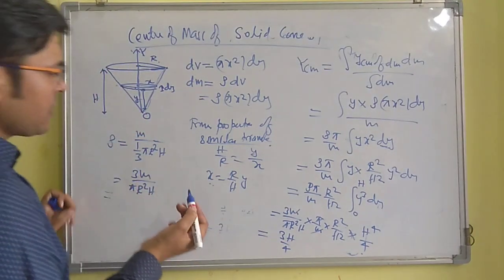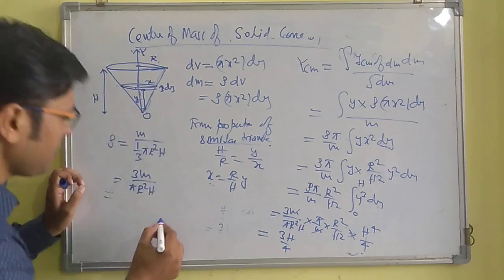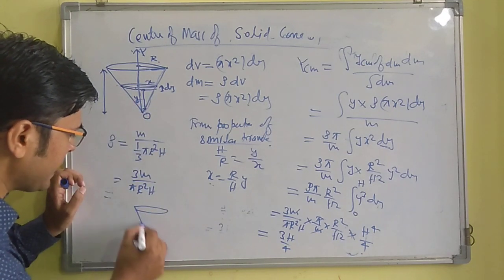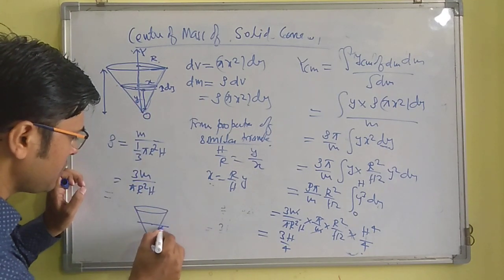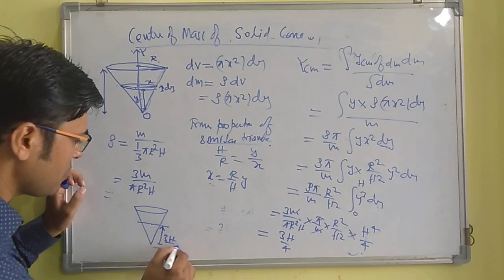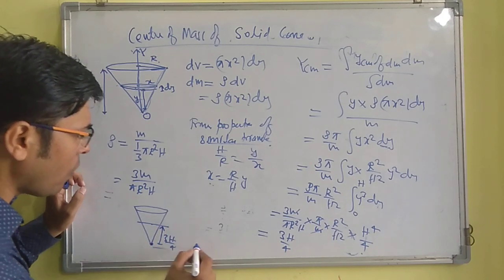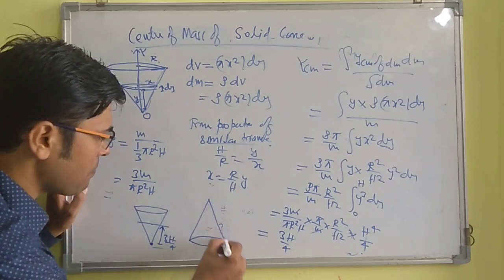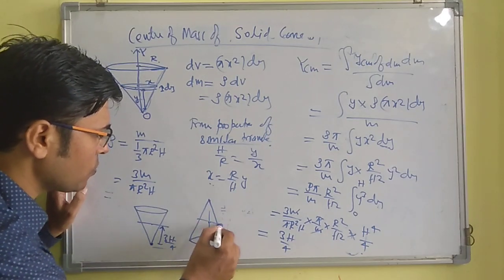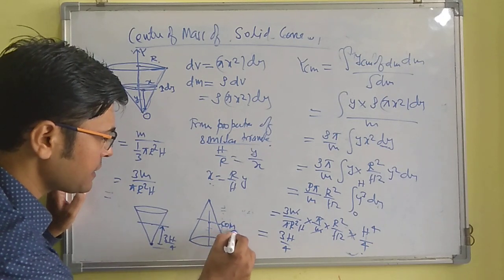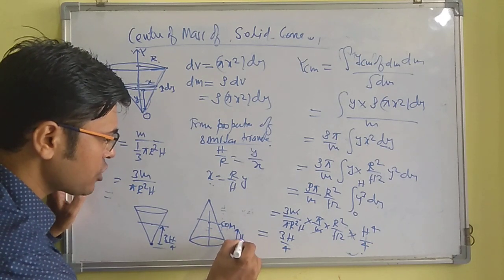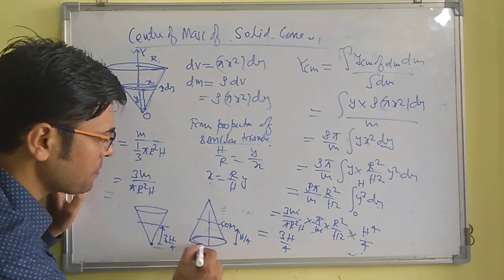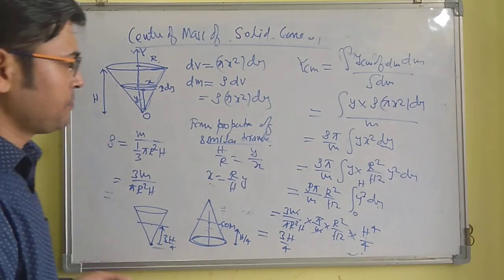So we can conclude that the center of mass will be lying at a distance of 3h by 4 from apex, or alternatively we also say that center of mass of this solid cone will be lying at a distance of h by 4 from its base, right?